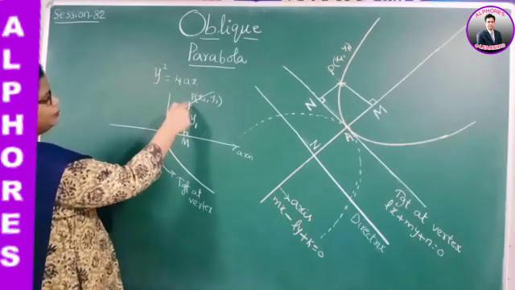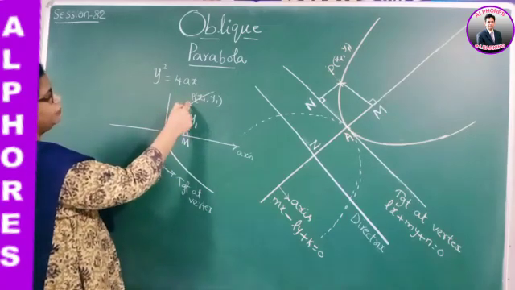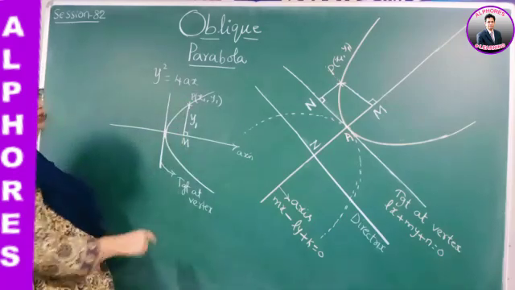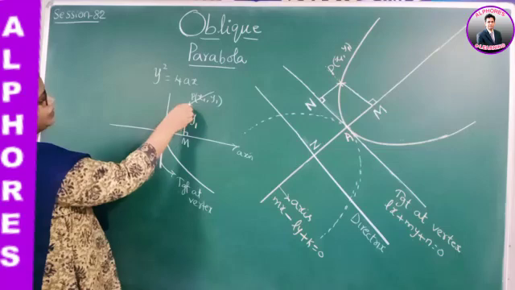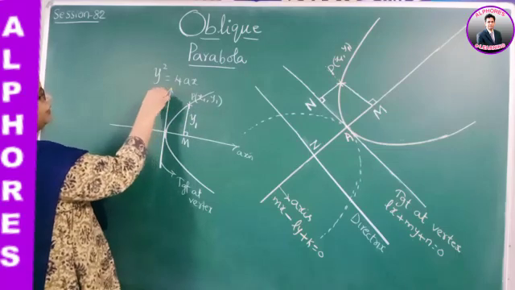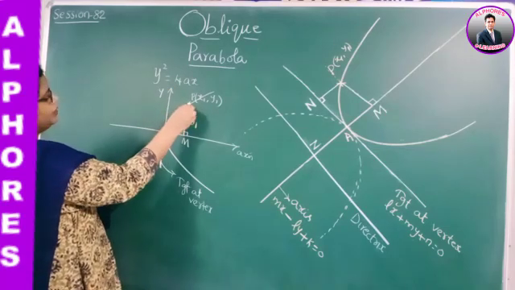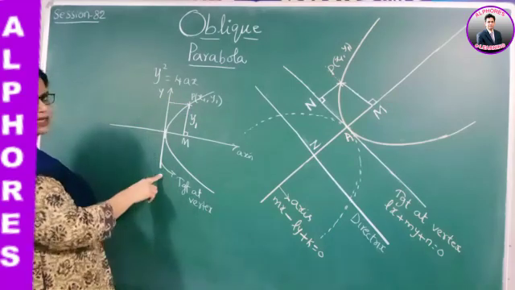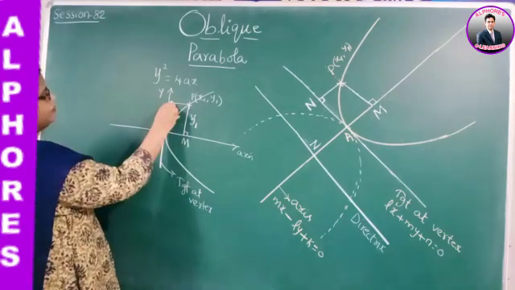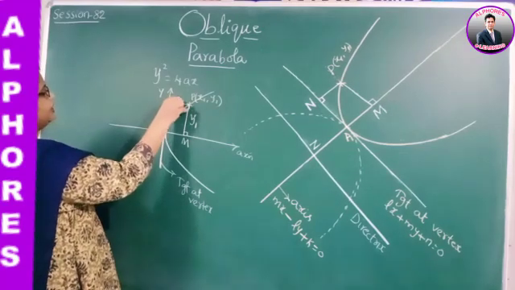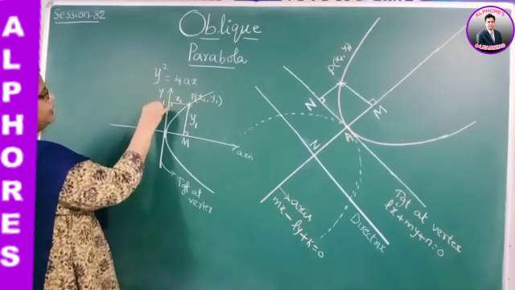That means the perpendicular distance from point P onto the axis of parabola is y1. And next is the perpendicular distance from point P onto the y-axis, and that y-axis has a significance, that is the tangent at the vertex. Now this value is x1. Suppose we write this as N.